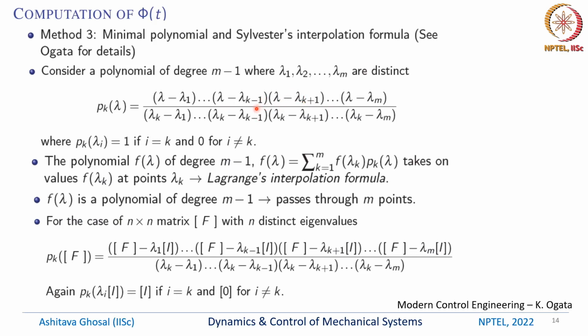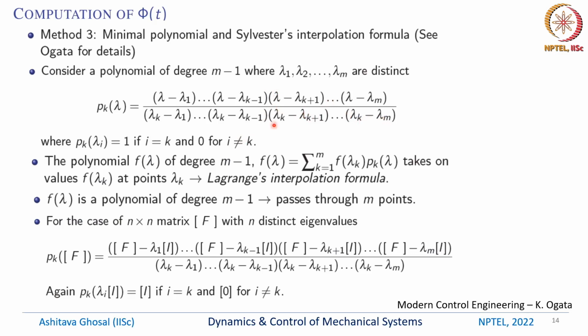See, lambda minus lambda k is missing here. And then lambda minus lambda m, divided by (lambda k minus lambda 1) into (lambda k minus lambda k minus 1), (lambda k minus lambda k plus 1), and so on, up to (lambda k minus lambda m).